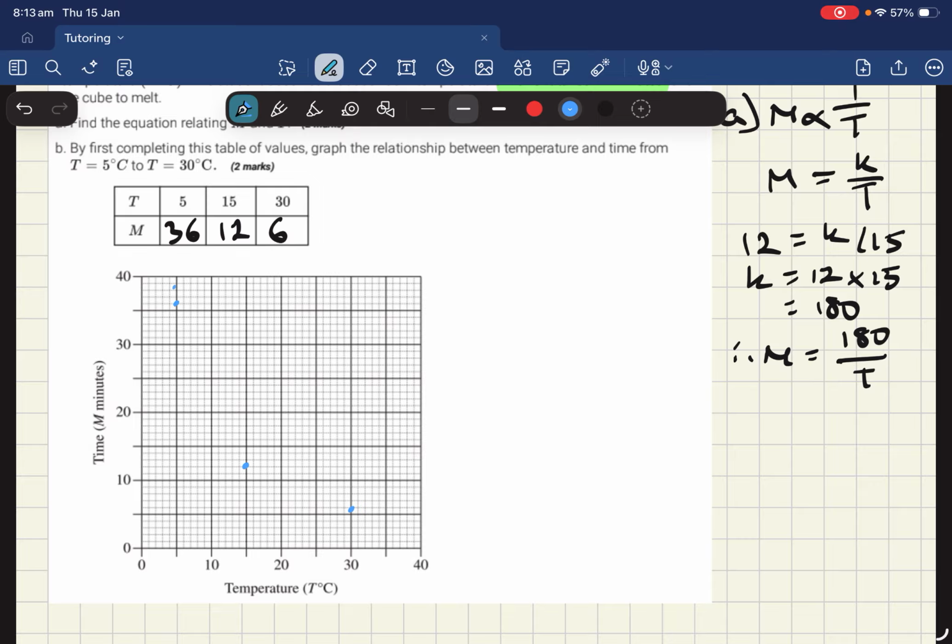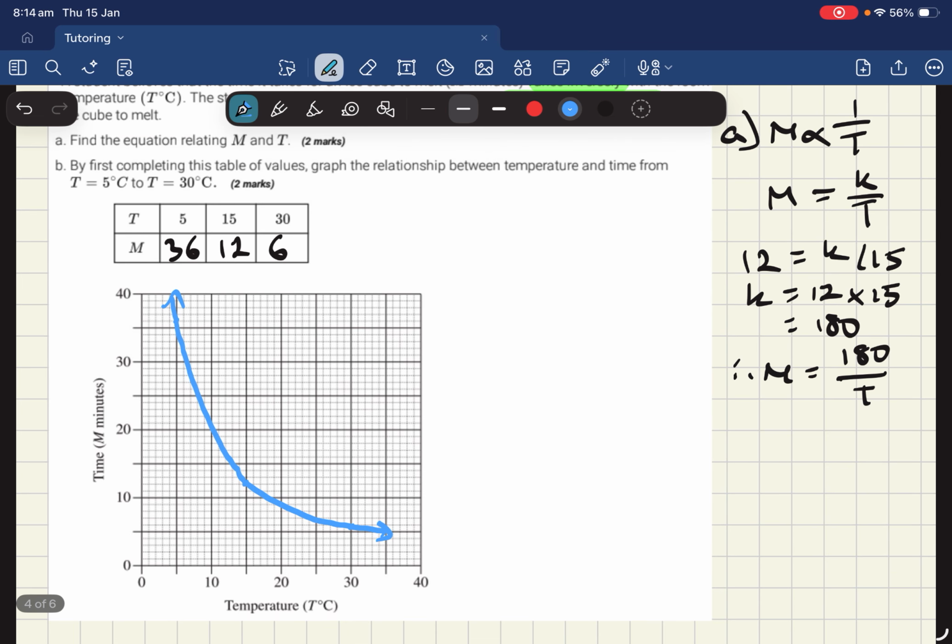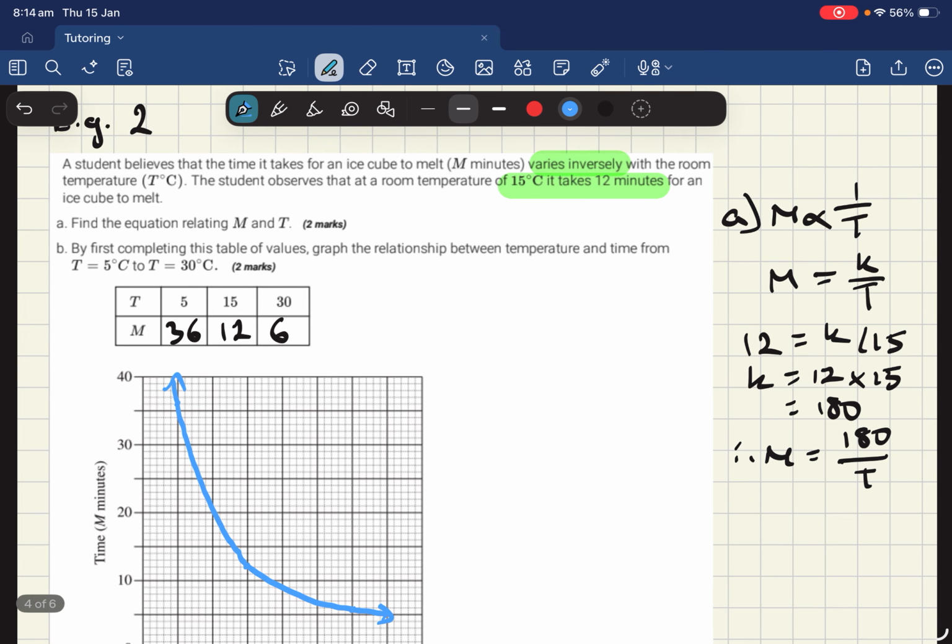We just have to connect the dots, going here to this one. Let's try that again, and passing through this one. So we have graphed our nonlinear relationship. We've graphed our inverse variation, our reciprocal function for this particular scenario.